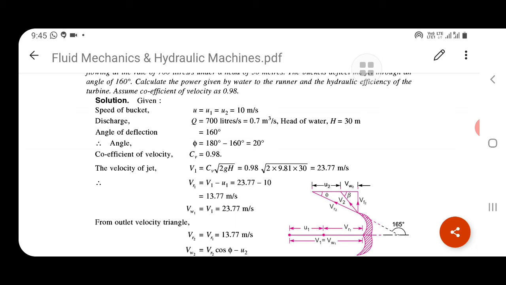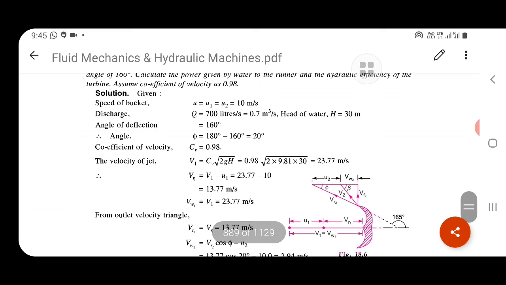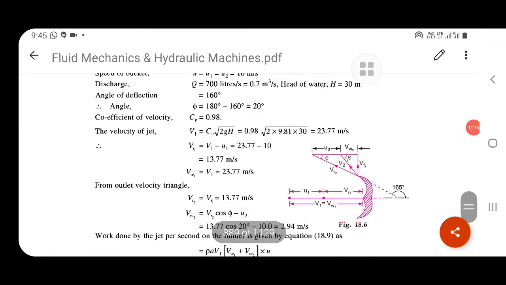So Vr1 is equal to V1 minus u1, which is given. So 23.77 minus 10, that is Vr1. Vw1 is equal to V1, which is shown in the figure, so V1 is equal to 23.77.